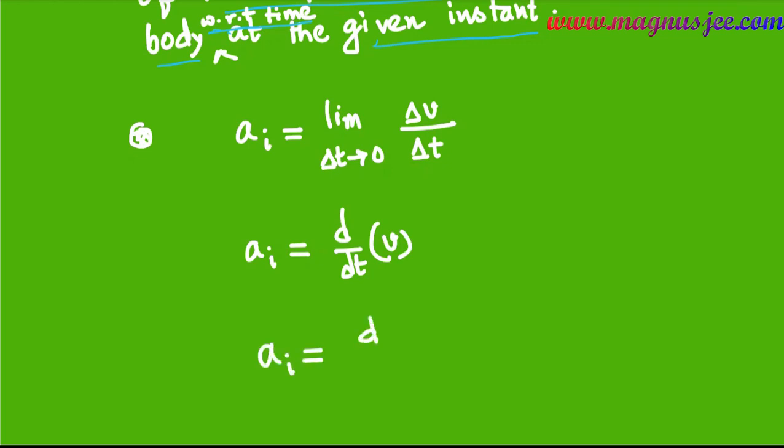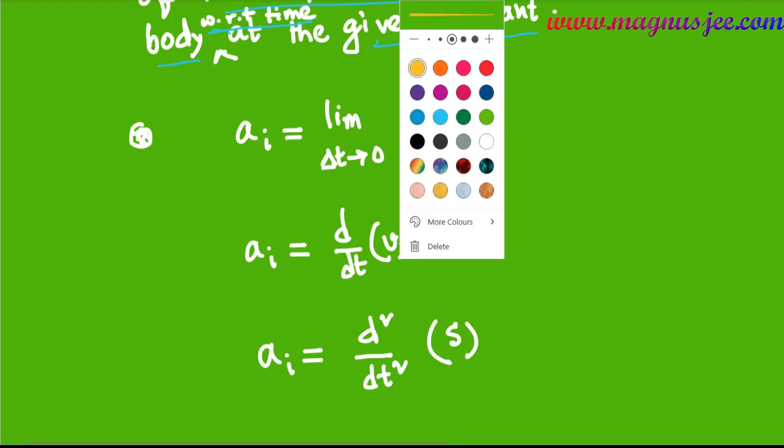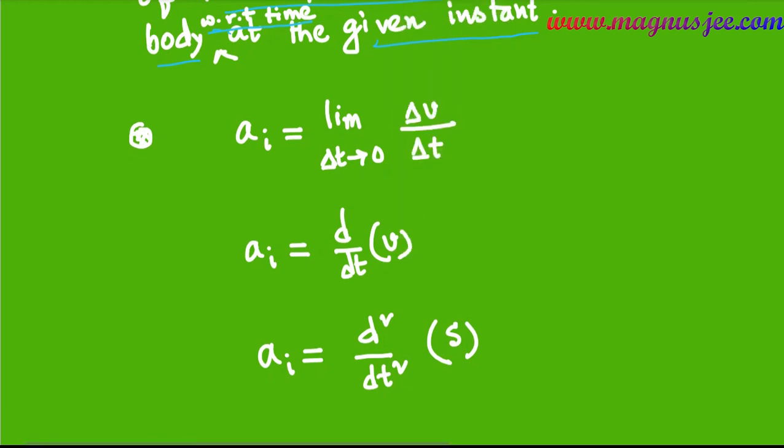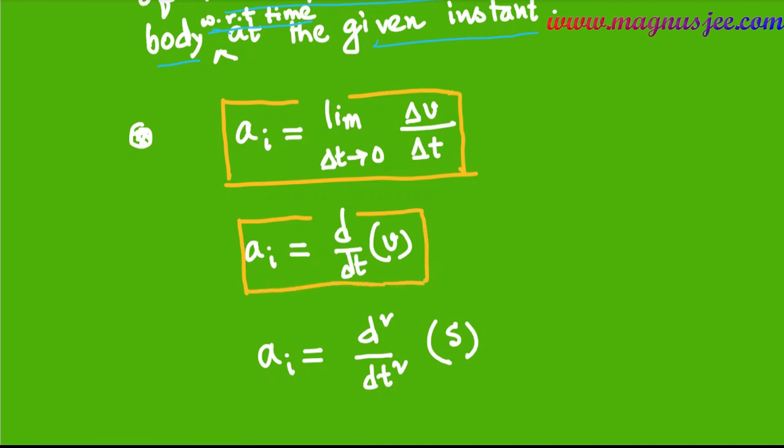The last expression of instantaneous acceleration is AI equal d square by dt square of s, which is the second time derivative of displacement. These are the three expressions.